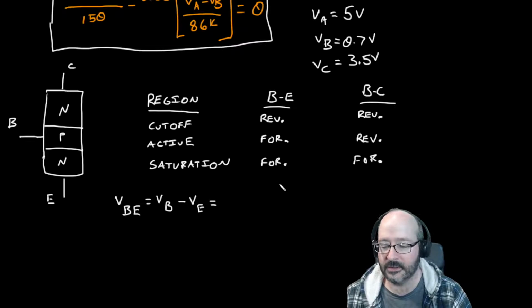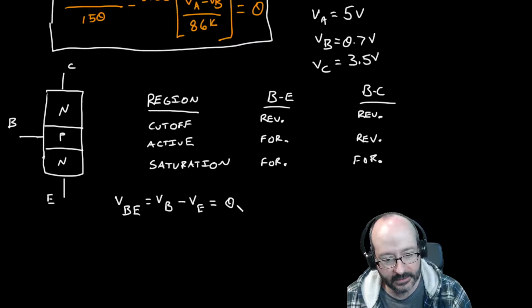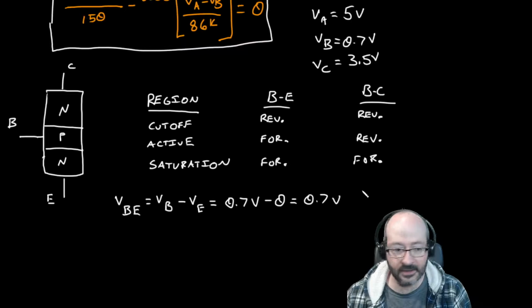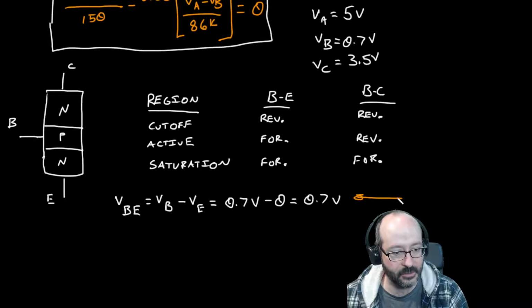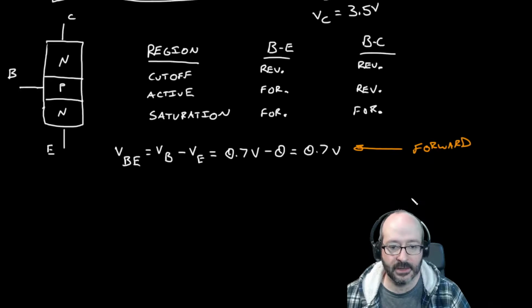The emitter, if you recall from this circuit, was grounded. So this is simply 0.7 volts minus 0, which is 0.7 volts. And we can say that that is forward biased. Okay, simple enough.